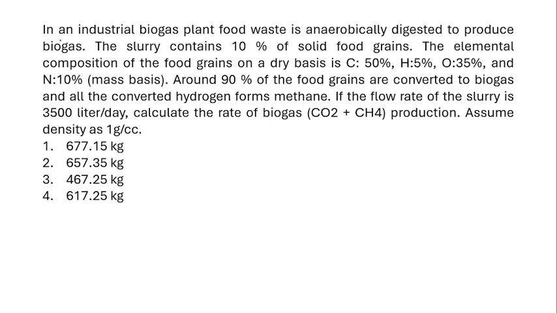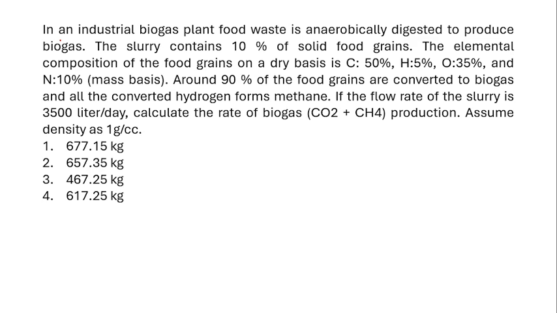Next, coming to the final question of assignment 10. The question is: in an industrial biogas plant, food waste is anaerobically digested to produce biogas. The slurry contains 10% solid food grains. The elemental composition of the food grains on a dry basis is carbon 50%, hydrogen 5%, oxygen 35%, and nitrogen 10%. All of these percentages are given by weight, that is, on a mass basis.